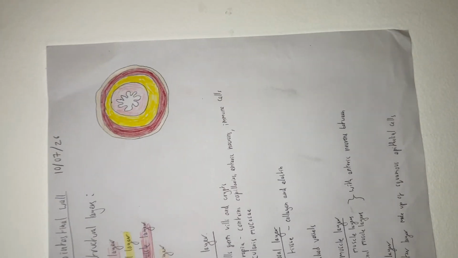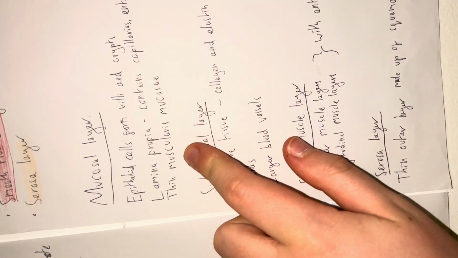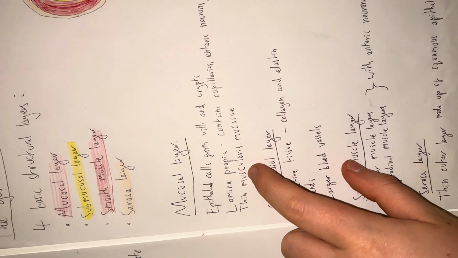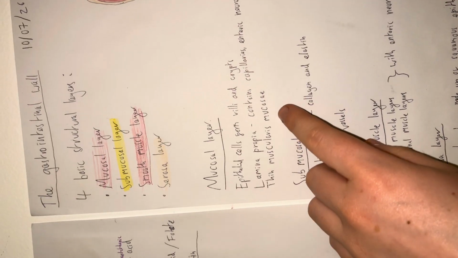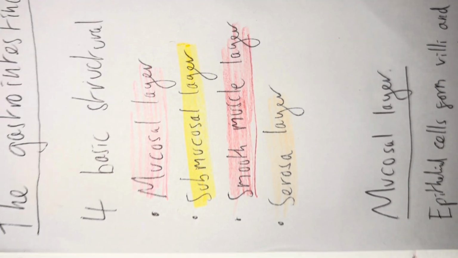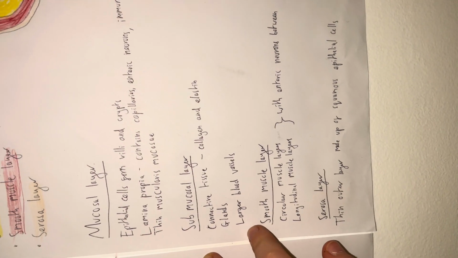In the diagrams it did look very similar to dermis in the skin, and it's also got thin muscularis mucosae, which is sort of like a film around it. Then we have the submucosal layer, and this is like connective tissue, glands, and large blood vessels.